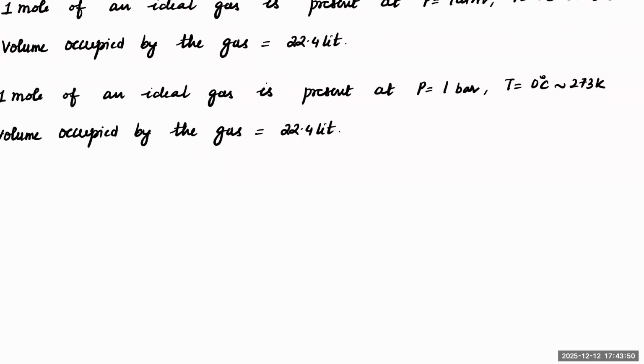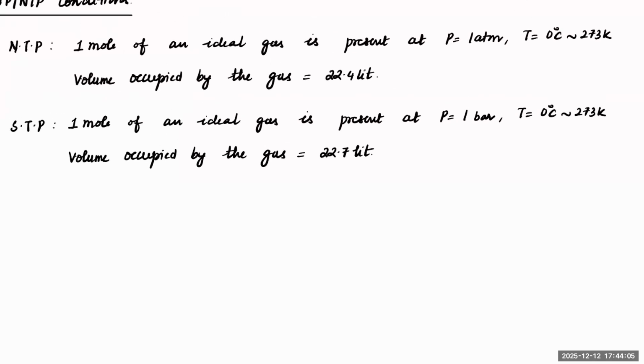So when you have this as a bar pressure, then we will get this as 22.7 liters. Okay. So just this condition is what you need to understand. At this condition, what would be the case?